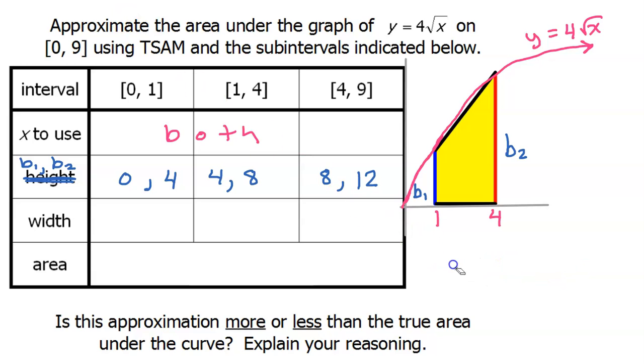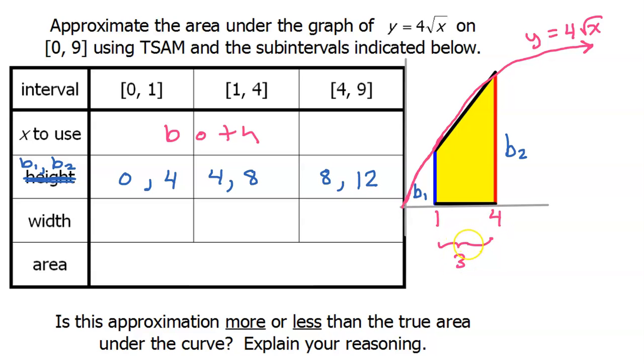Now, ultimately, we need to find the area of each trapezoid. And for that, we're going to need the height of the trapezoid, which we can think of as the width of this trapezoid. The width of the interval is the same as the height of the trapezoid. So between 1 and 4, the width is 3.